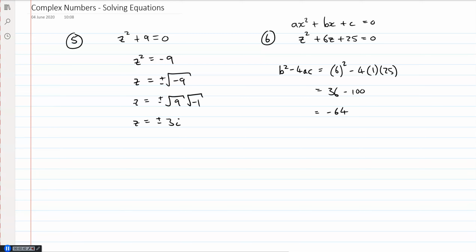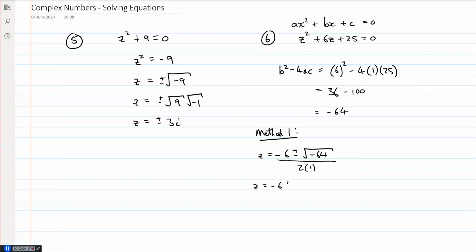But we can use the quadratic formula to solve it, and since we've worked out b squared minus 4ac, let's have a look at that, and then we'll look at completing the square. So our z values will be minus b, so minus 6, plus or minus the square root of b squared minus 4ac, which we've already worked out, all over 2a, which is 2 times 1.